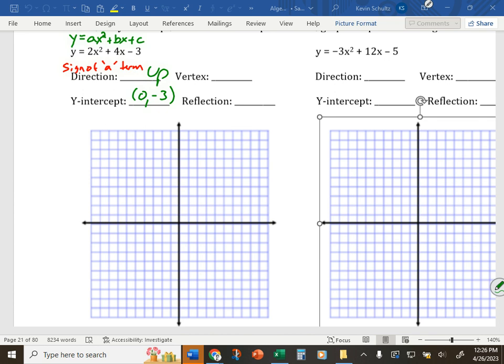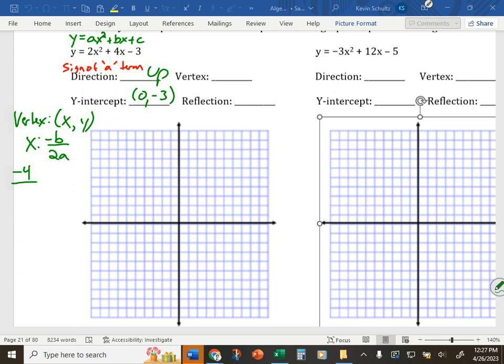For the vertex, remember, this is the part that's the most work here. We're looking for an ordered pair. And to find that x value, we're using the formula negative b over 2a. So we're taking our values from our equation and plugging them into this formula. Our b value is 4, so we get negative 4.